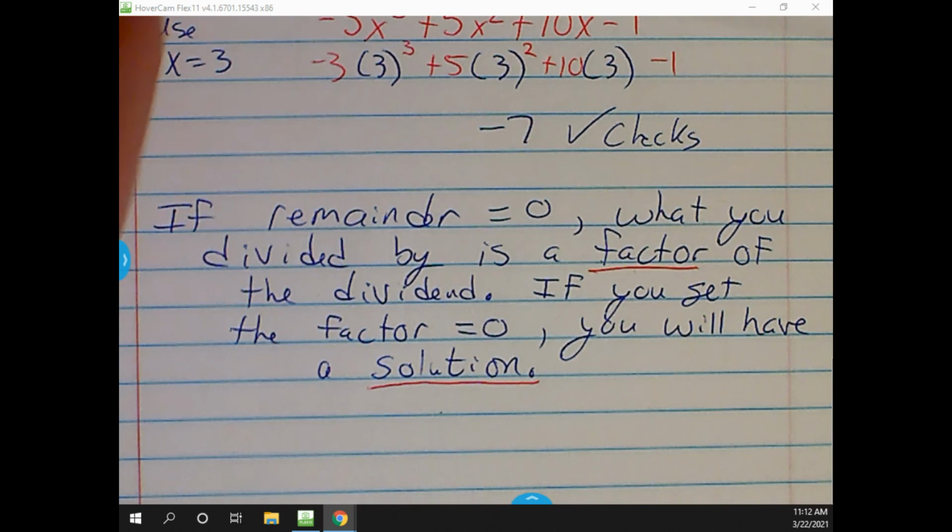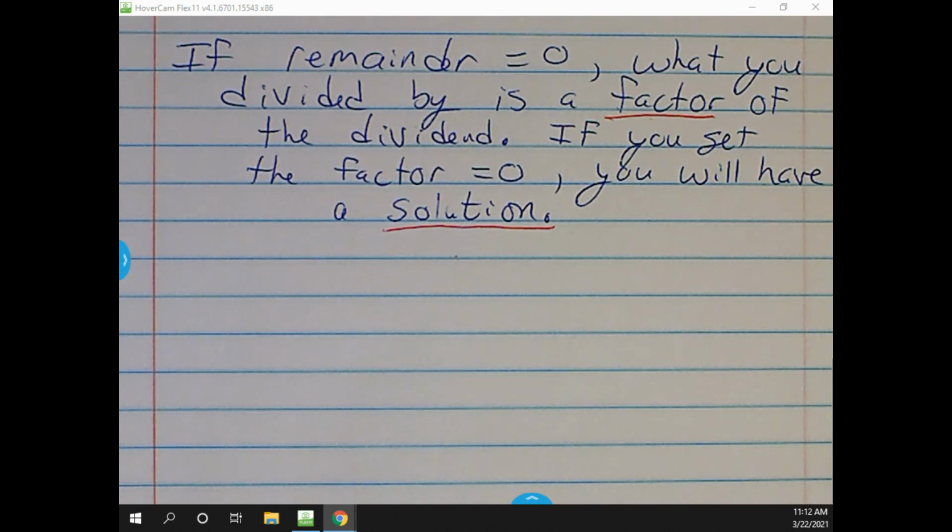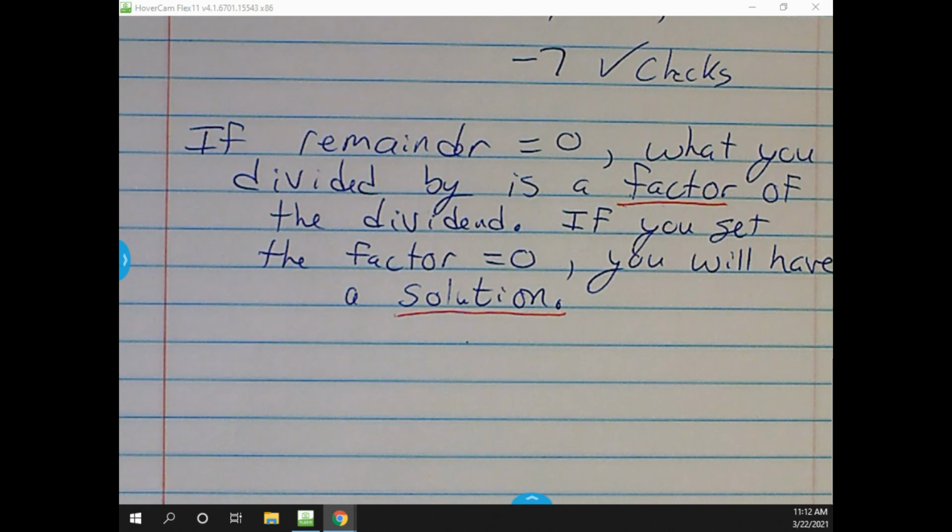The kind of neat thing is that if we did a problem that had something equal to 0. Did we have one? No, we didn't have one yet, did we? Okay, so let's do this real quick. We'll do one where we get a remainder equal to 0, just so you can kind of see.